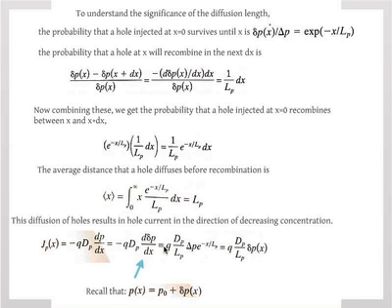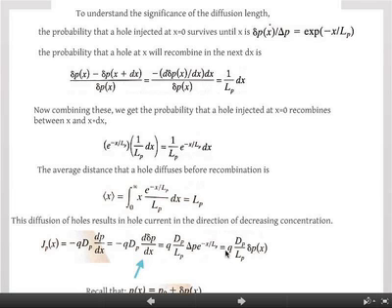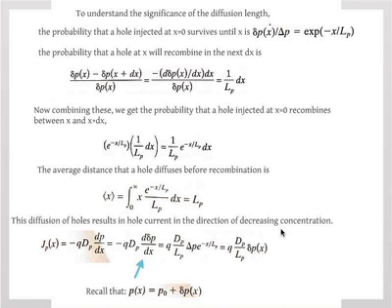And p naught is just a constant, so it drops out of the derivative. And you can plug that in, you get an expression like that. Okay, this is what you saw before. That's just the diffusion current also decreases exponentially, which, by the way, is why we need to have a good knowledge of the diffusion lengths in any material.